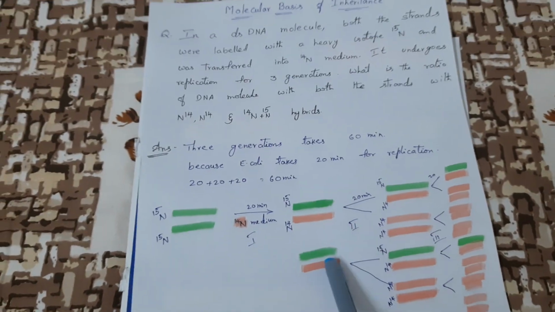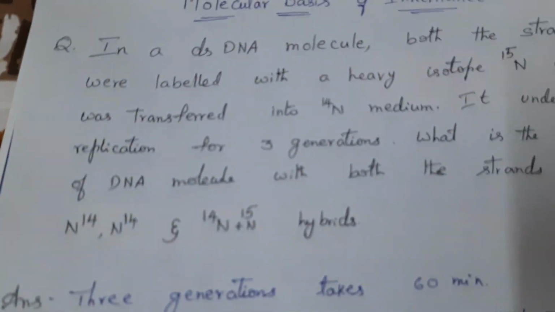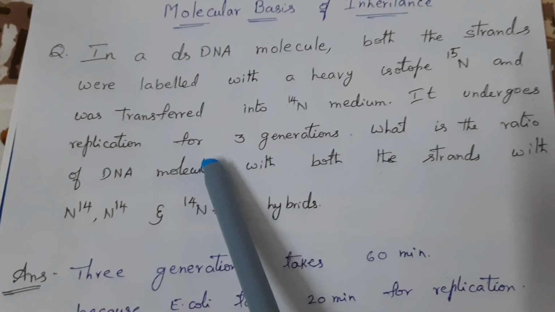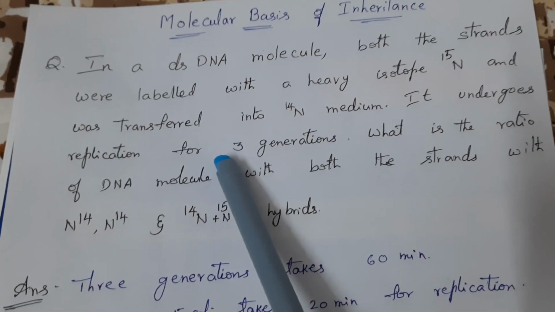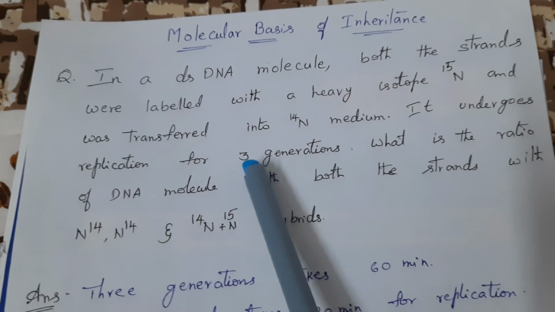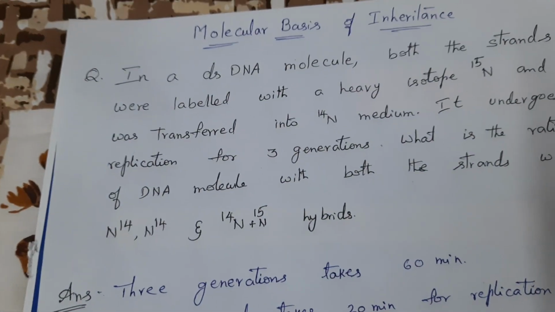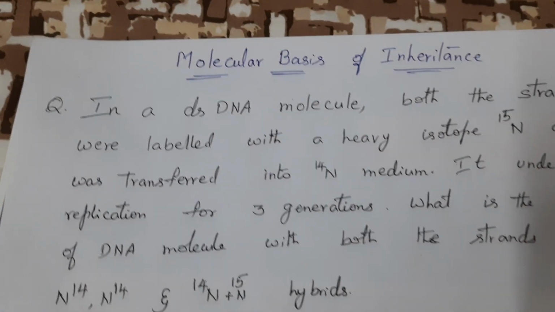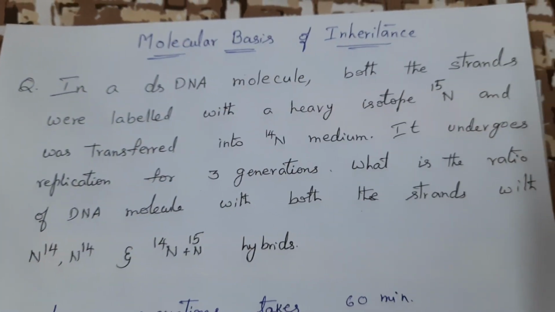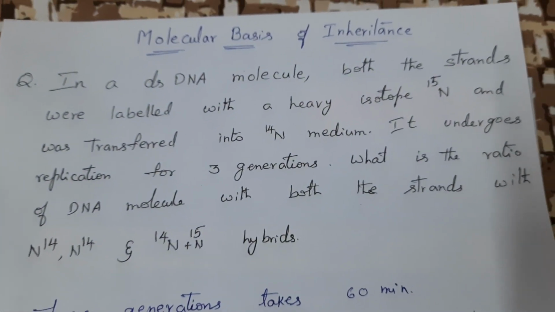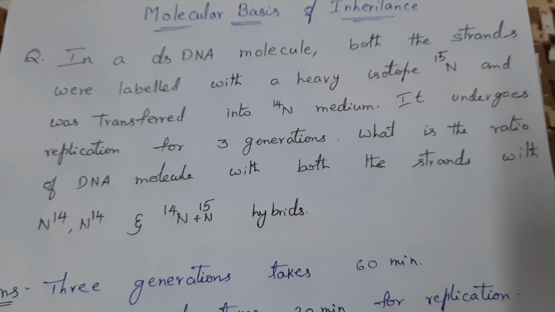And the same problem they can ask in another way. How can they ask? Instead of 3 generations, they may say completely 80 minutes. That means in a DNA molecule, both the strands were labeled with heavy isotope N15 and it was transferred into the N14 medium.